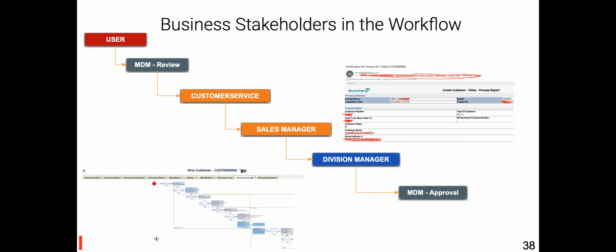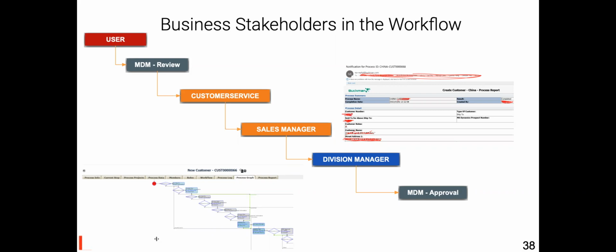And the final approval is with the MDM team. Again, they will validate all the content. When they finally approve at this task, it will make a connection to SAP, and the system will create the customer master as well as the customer hierarchy.